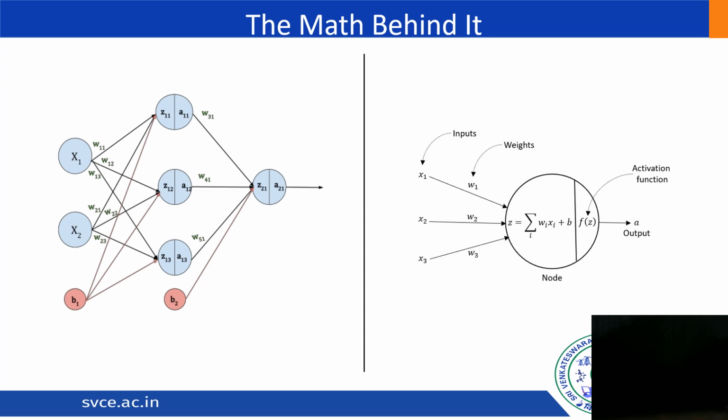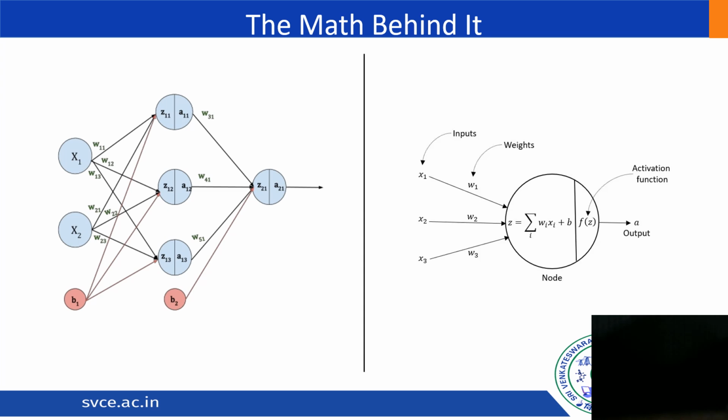The input layer contains only the input values, whereas the hidden layer contains the weighted sum of input and the activation function. Similarly, the output layer also contains two parts. One is the weighted sum of the hidden layer output, along with that you have the activation function.